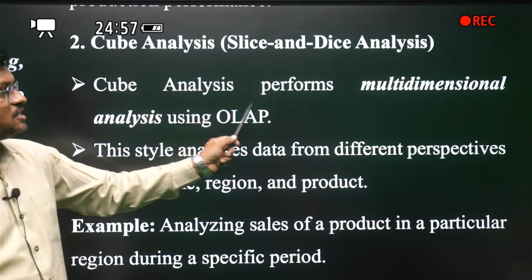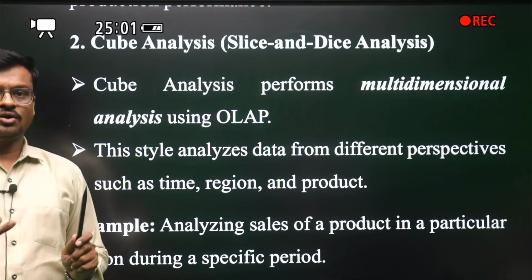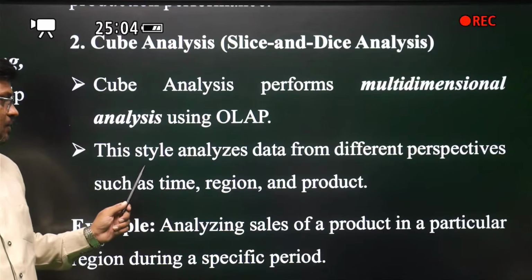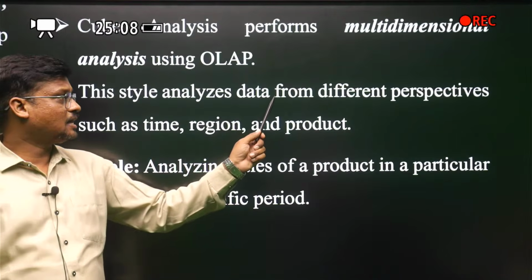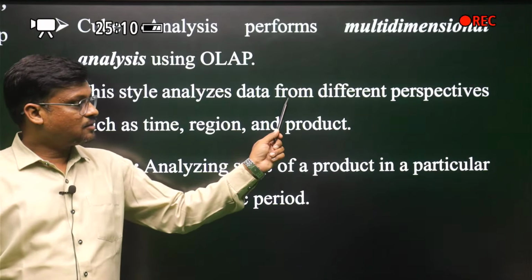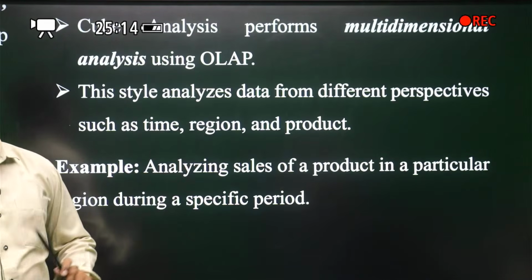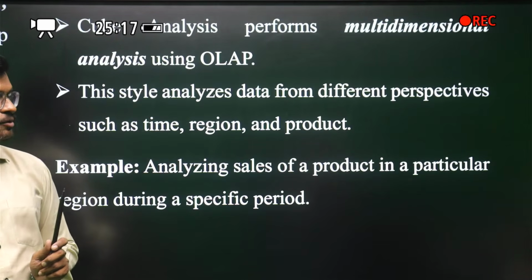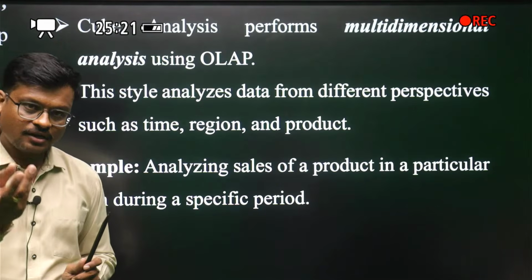So cube analysis performs multi-dimensional analysis using OLAP, online analytical processing. This style of analysis differs by perspectives such as time, region, and products. As I said, you will be able to get the information from different perspectives on the different columns.